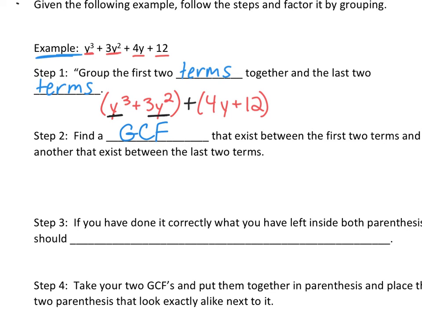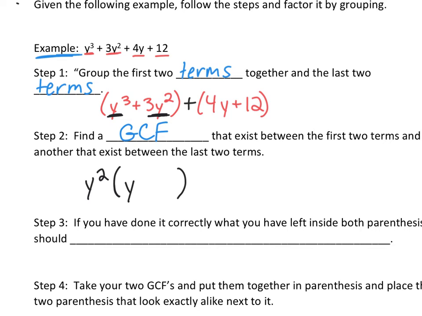So if this one's got 3 y's and this one's got 2, what do they both have? 2. So I can take out a y squared. When I divide, y to the third divided by y squared is just going to be y, because we subtract the exponents. 3 minus 2 is 1.